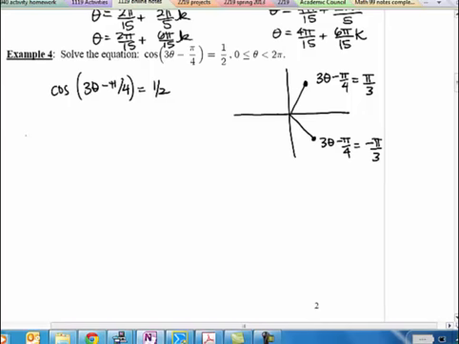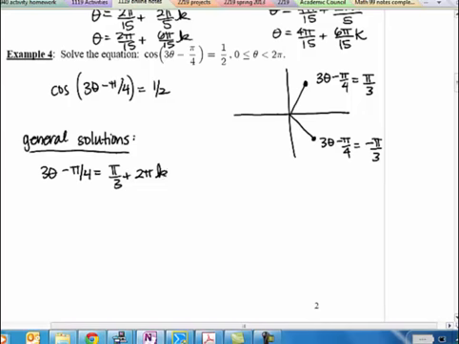So my general solutions would be that I want that input, I don't care how complicated it is, to be either pi over 3 plus any integer multiple of 2 pi, or the input should be negative pi over 3 plus any integer multiple of 2 pi.